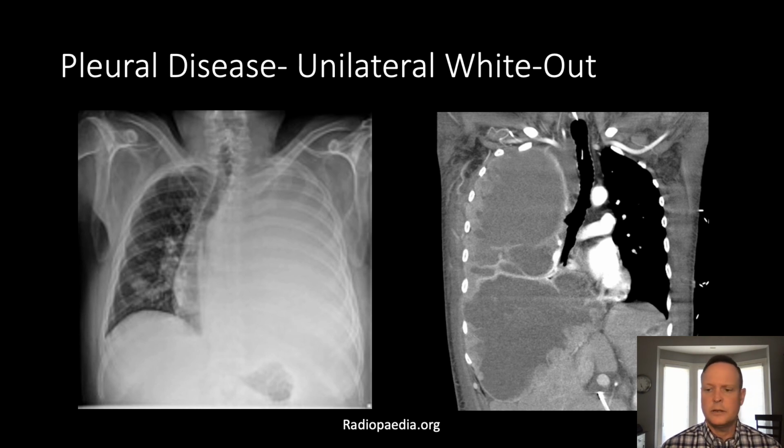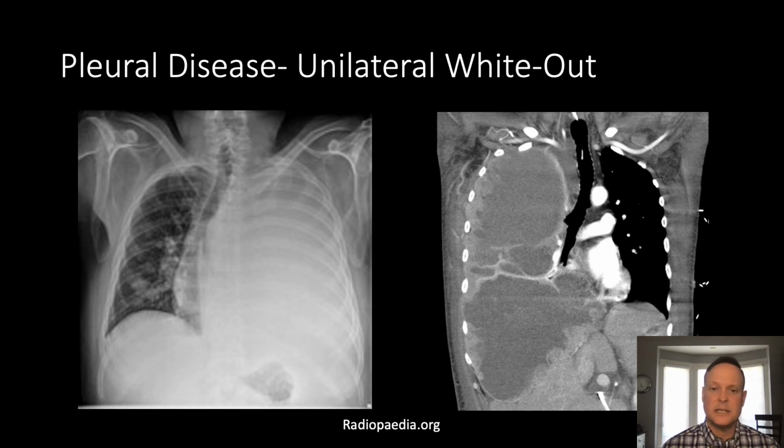The final consideration here is a process which takes up an entire hemithorax. In this case, on chest radiograph, we see a unilateral whiteout, and with that whiteout, it is pushing the mediastinum away from the increased density.